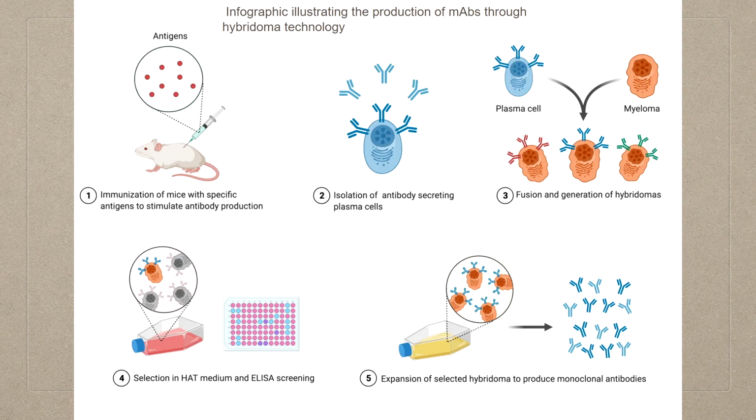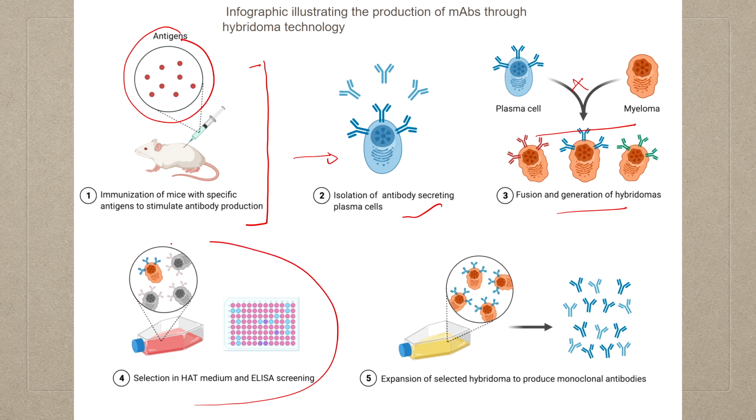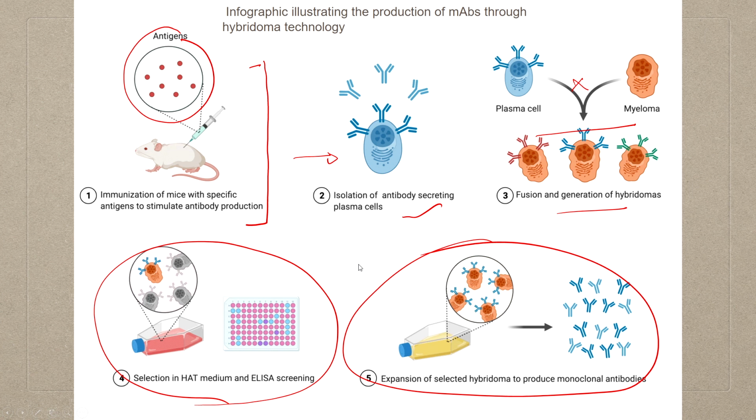If we go back and check this, this is step 1 where the body is doing its own work of fighting against the particular antigen which is getting injected, isolation of the plasma cells, crossing of the plasma cells with myeloma cells, fusion, then selection, and then expansion, and further producing these monoclones, right.